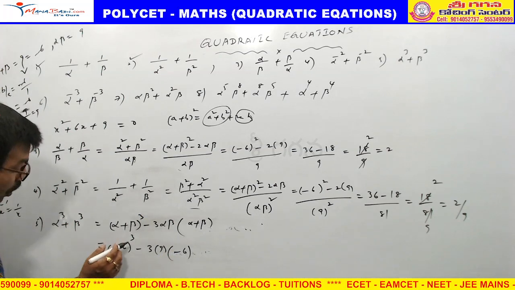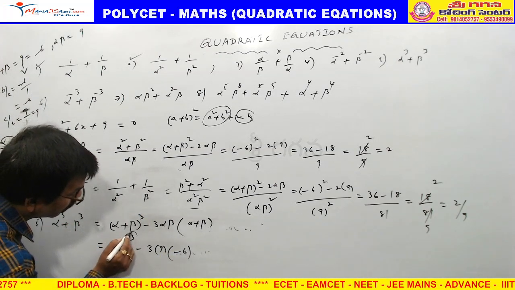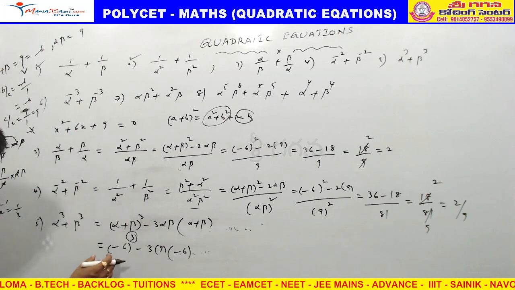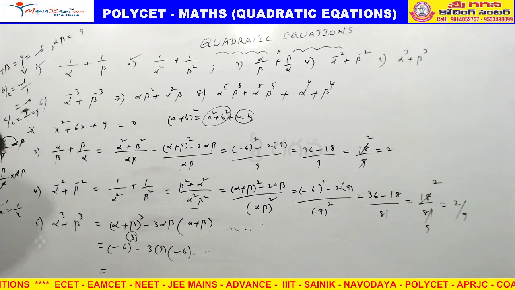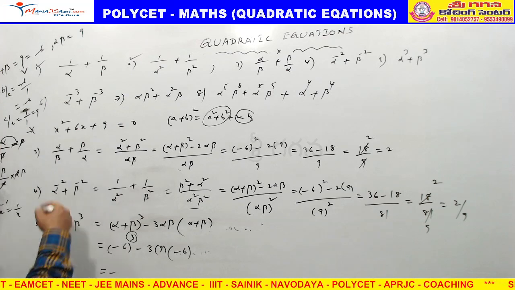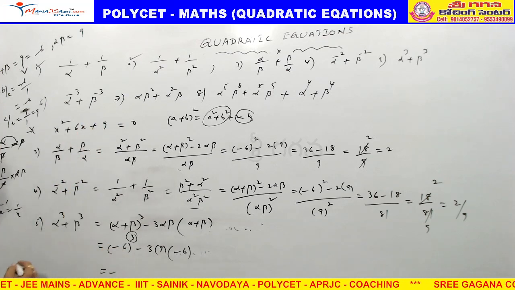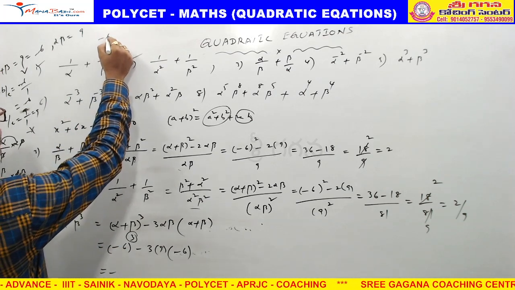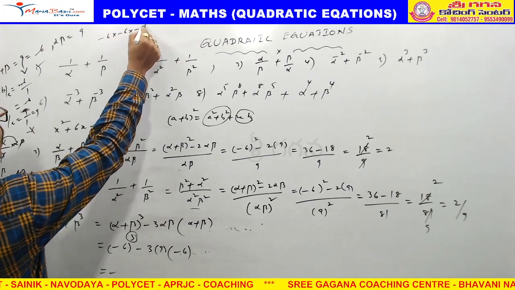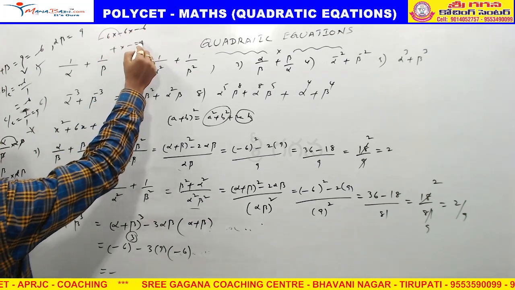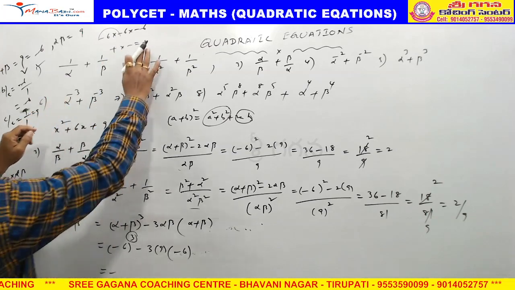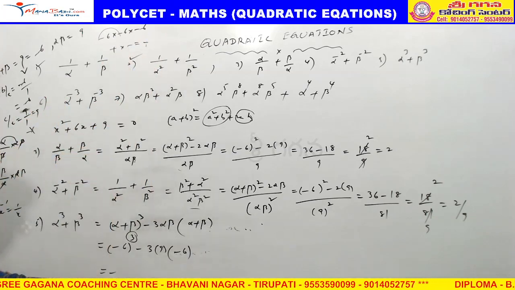See here, the power value is an odd number. Odd number means what is the value here? Negative value. If you take an odd power, always negative will come first of all. Even means always positive will come. So I am writing here minus 6 into minus 6 into minus 6. Minus into minus gives plus, into minus again gives minus.